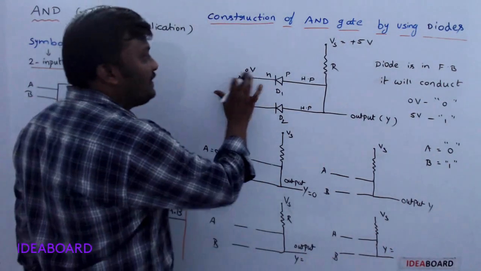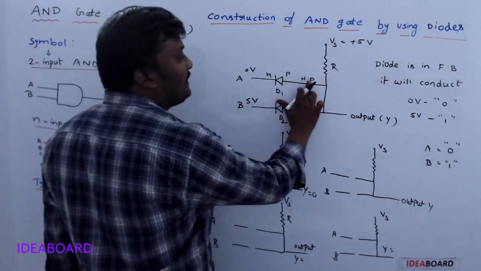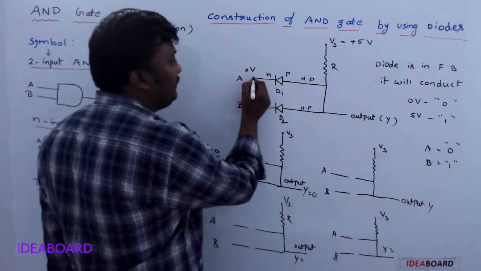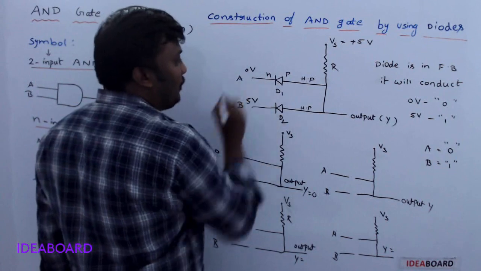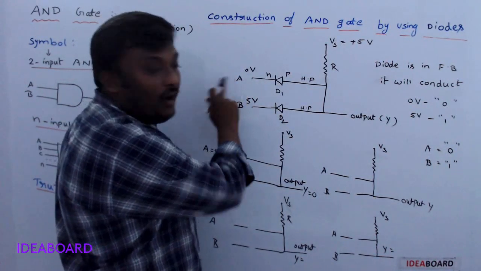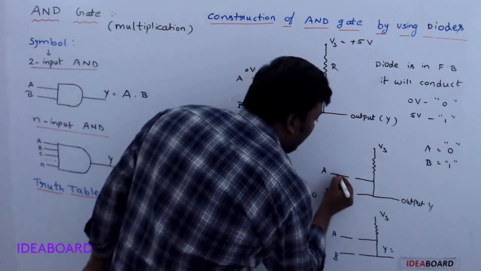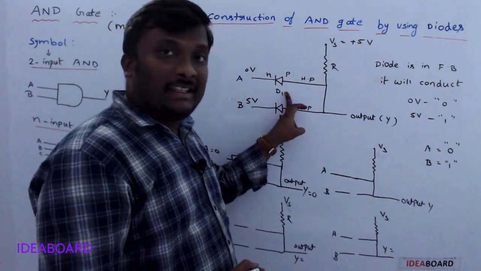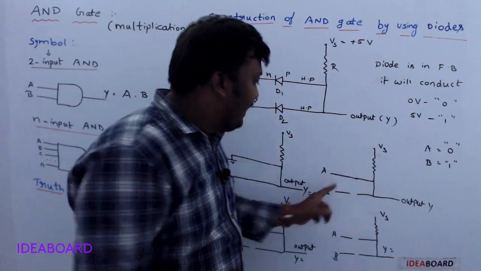If it is 0 volt, P is at higher potential and N is at lower potential. So D1 is in forward bias, and whenever it is in forward bias, it will conduct.